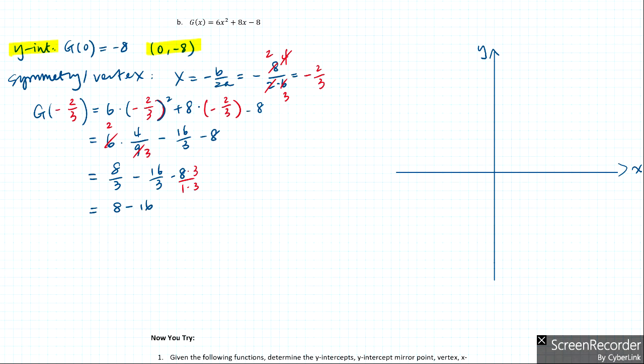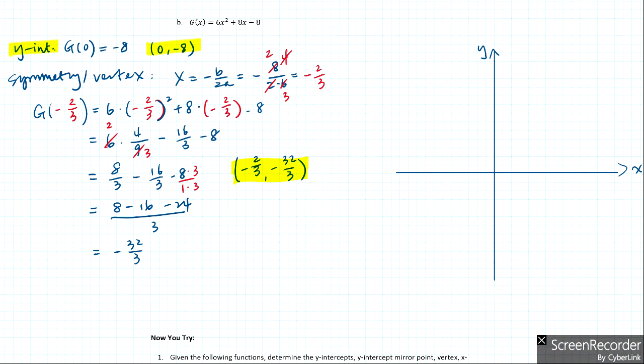So 8 minus 16 minus 24 all over 3 gives us -8 minus 24, which is -32 all over 3 as a result. And that's going to be the y-coordinate of the vertex. So we get (-2/3, -32/3) for the vertex.